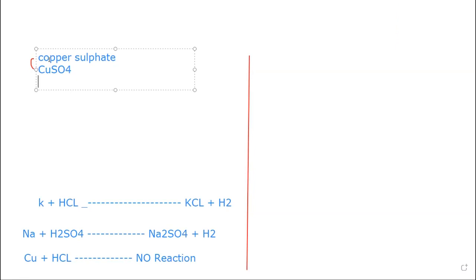Are you sure about this number? No. Try to calculate the number of atoms. I have 1 atom of copper, Cu, 1 atom of sulfur, and 4 atoms of oxygen. Make a summation of these atoms and you will obtain 6 atoms of different elements: 4 oxygen, 1 sulfur, and 1 copper.